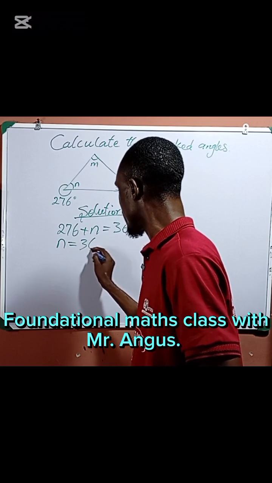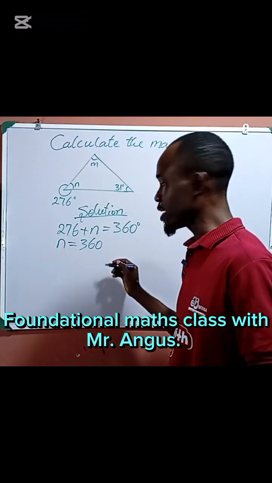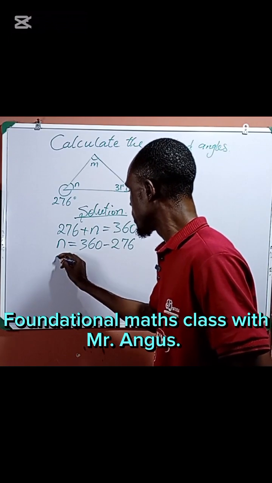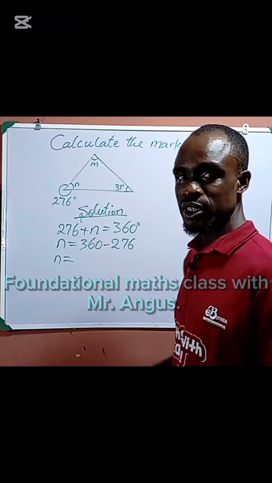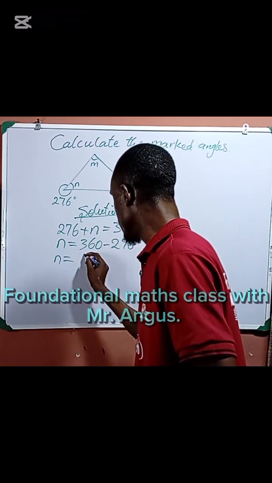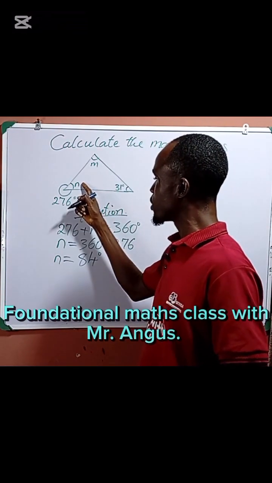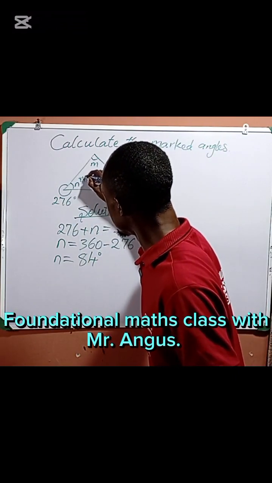Therefore N will give us 360, and this 276 coming to the right hand side becomes minus 276, and N will give us 360 minus 276, which is 84 degrees. Having found the value of N, it is 84 degrees.